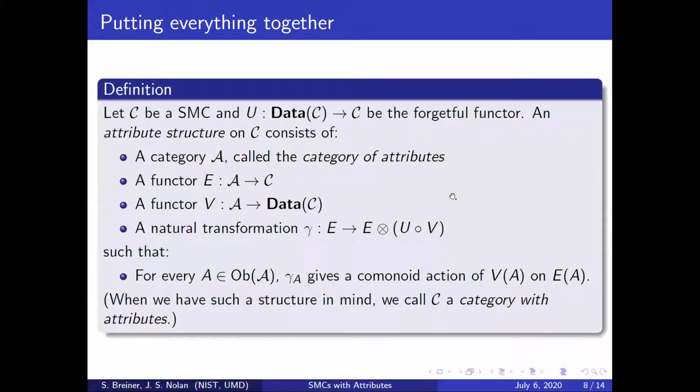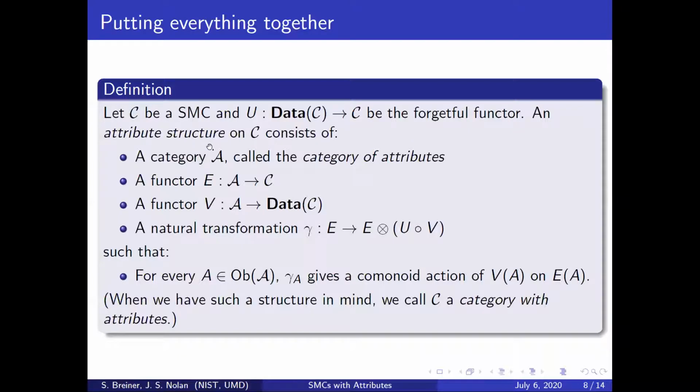So we can compile this all into the titular definition of a symmetric monoidal category with attributes. We take a symmetric monoidal category. We can construct a category of data services within that symmetric monoidal category. And that's defined inside of our paper. You can see that for more details.